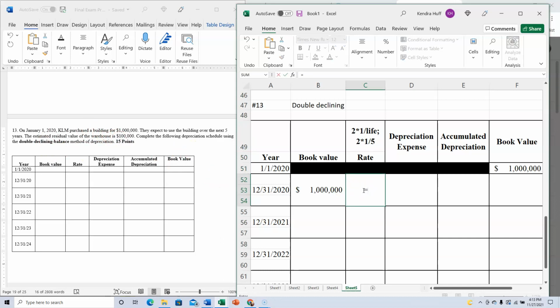So this is going to equal 2 times 1 divided by 5, or basically 40%. Then you multiply that times the $1 million. That's depreciation expense. The first year, it's just the same number.